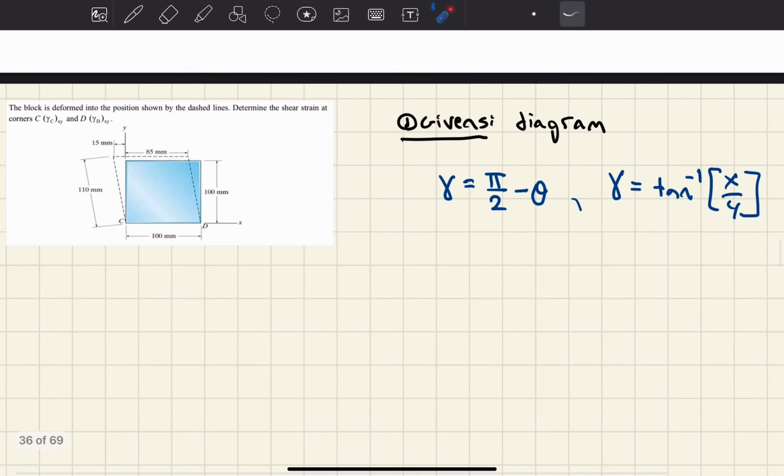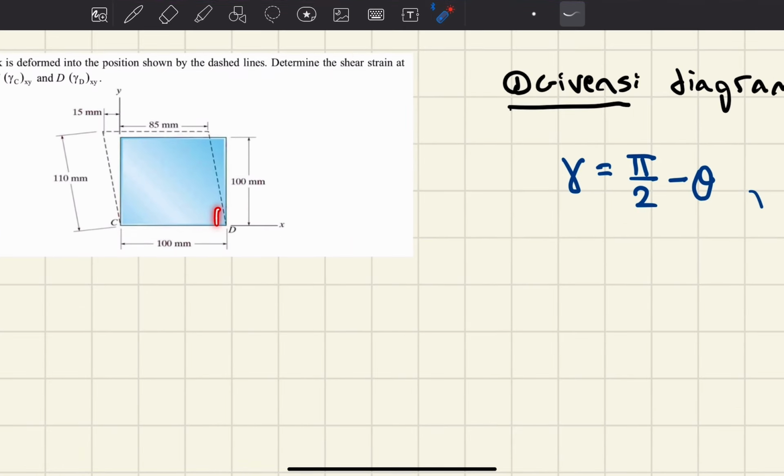Well, if we look at corner D, and if this right here is 90 degrees, or pi over 2, let's not call it 90 degrees. If it's pi over 2, and this angle right here is theta, I can easily find gamma by simply pi over 2, or 90 degrees, but please don't say that, minus theta, yeah?